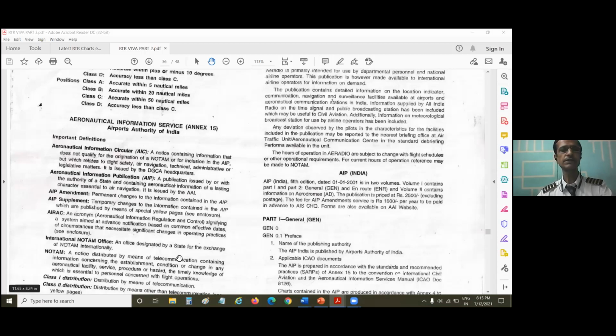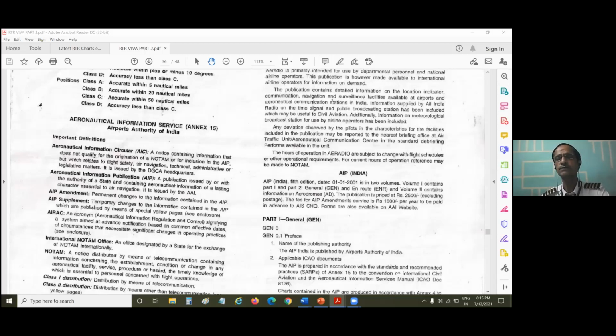This is a big sentence. I'll explain it briefly. As per ICAO guidelines, the DGCA has formulated a system to give notices, meaning information, to airmen. Notice about what? About changes in any aeronautical facility, and the change may affect the safety of an aircraft.